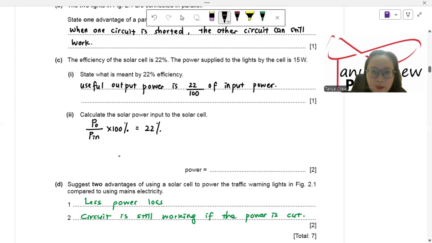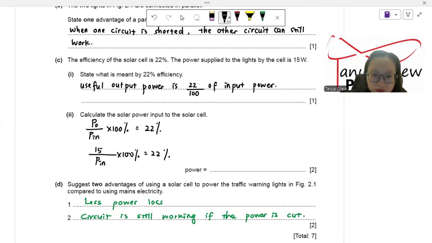Output power, because the power supplied to the light by the solar cell is the output power, which is 15, divided by input power times 100%, which is equal to 22%. So input power is equal to 22% divided by 100%. Oh no, sorry, cross multiplication.